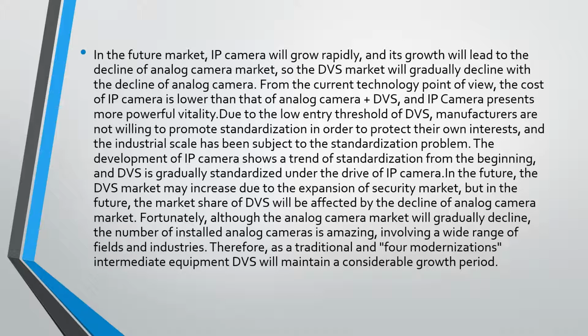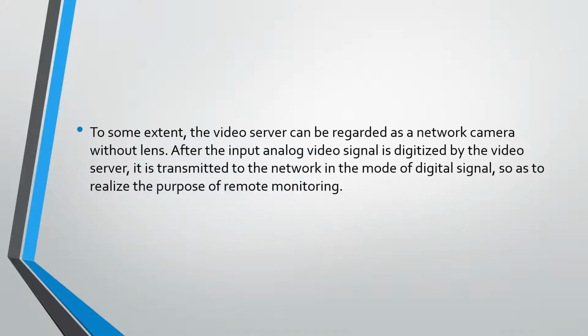Fortunately, although the analog camera market will gradually decline, the number of installed analog cameras is still amazing, involving a wide range of fields and industries. Therefore, as a traditional and modernizing intermediate equipment, DVS will maintain a considerable growth period. So even though it is an old technology, it still has a lot of advantages that we are willing to use in the future.